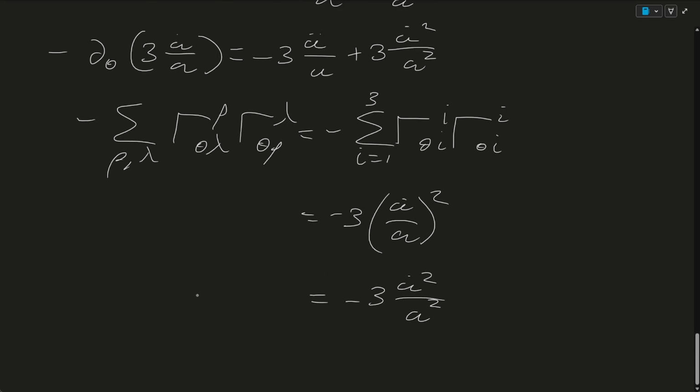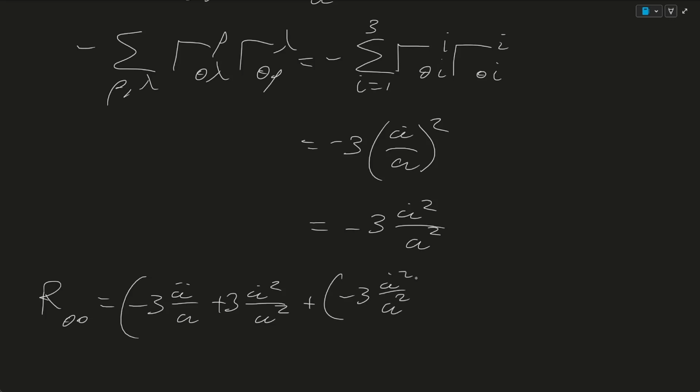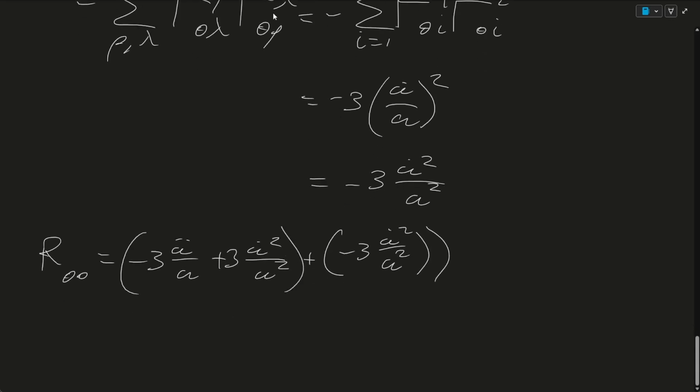Nice. Now we can assemble everything. So r naught naught is equal to minus 3a double dot over a plus 3a dot squared over a squared, minus 3a dot squared over a squared. I actually put that in brackets and then minus, so add that.